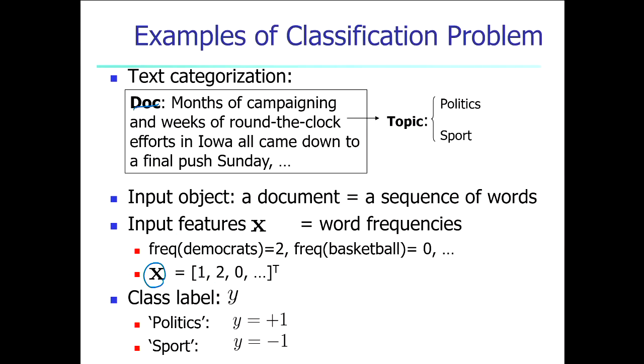Then we need to learn a function where the function applied on this x will give us either +1 or -1. The function is usually parameterized by some theta. Sometimes we write f theta here, or sometimes we write it in this way.